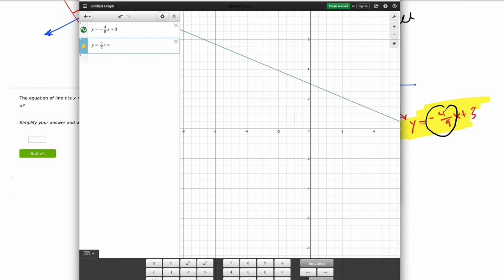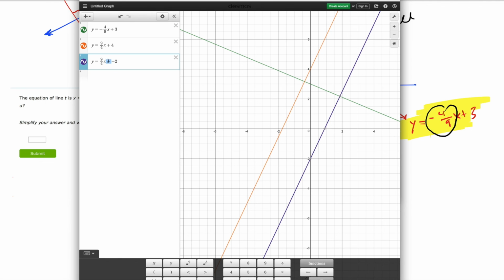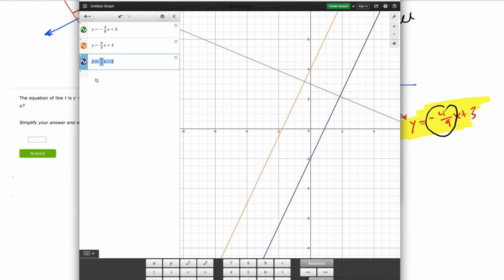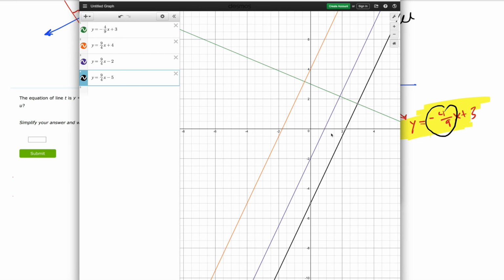So maybe I could put a 4 there, but I don't know if that's it because they didn't tell me. So maybe it could have a negative 2 instead. Or maybe it has a y-intercept of 5. So we don't know.